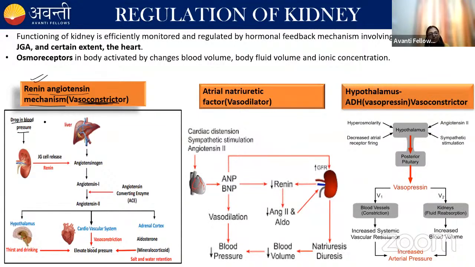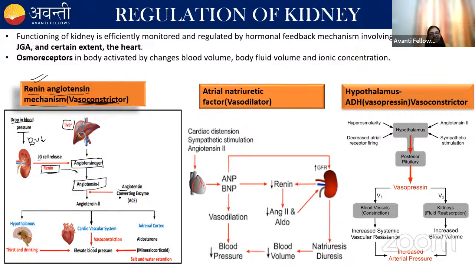So when the BP drops, blood volume decreases. In that case, the juxtaglomerular cells release a hormone which is renin, and the liver releases angiotensinogen. Now this renin will act on angiotensinogen, and angiotensinogen will be converted to angiotensin 1.